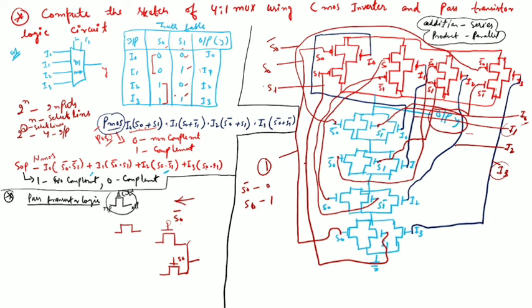So here also there are two logics, 0 1 and 0 1. This will represent S1 complement, and this will represent S1 only.